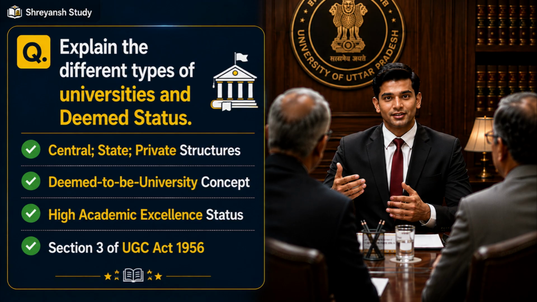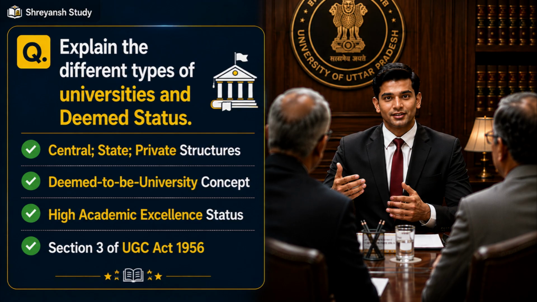Explain the different types of universities. Define and explain the concept of a deemed to be university. Sir, higher education institutions in India are broadly classified as central universities established by an Act of Parliament, state universities established by Provincial State Legislative Assembly Acts, private universities established through state or central acts but sponsored by a society or trust without government funding.